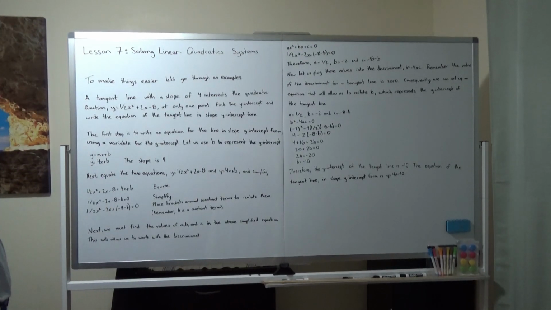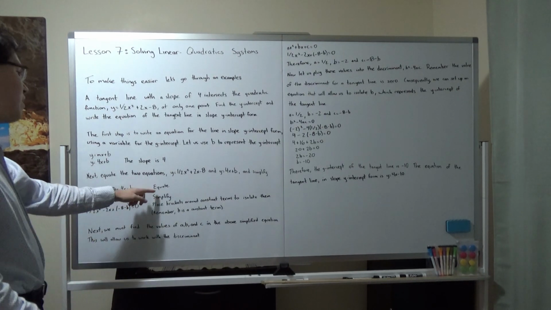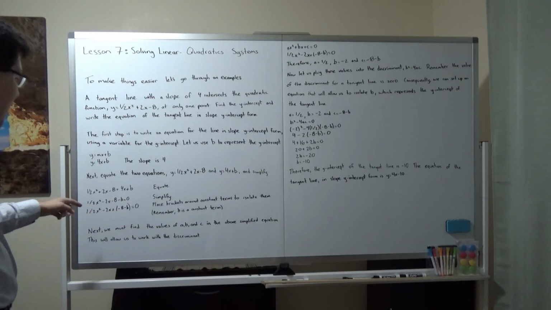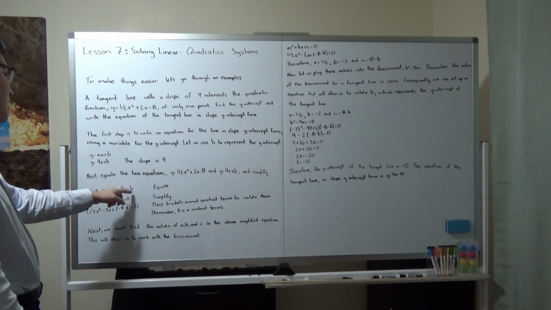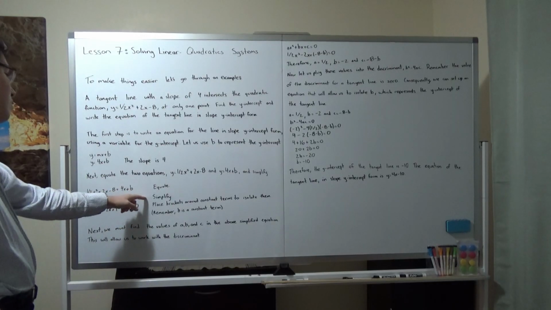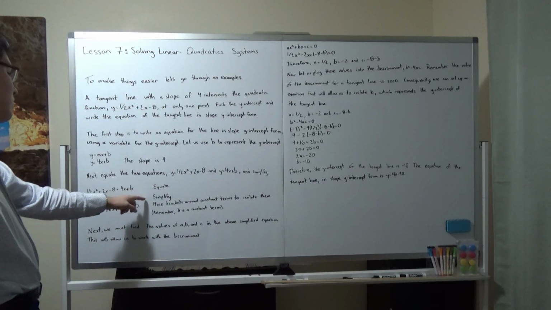Next, equate the two equations: y equals 1/2 x squared plus 2x minus 8, and y equals 4x plus b, and simplify. So the next step is to equate. 1/2 x squared plus 2x minus 8 equals 4x plus b. Then we simply simplify.